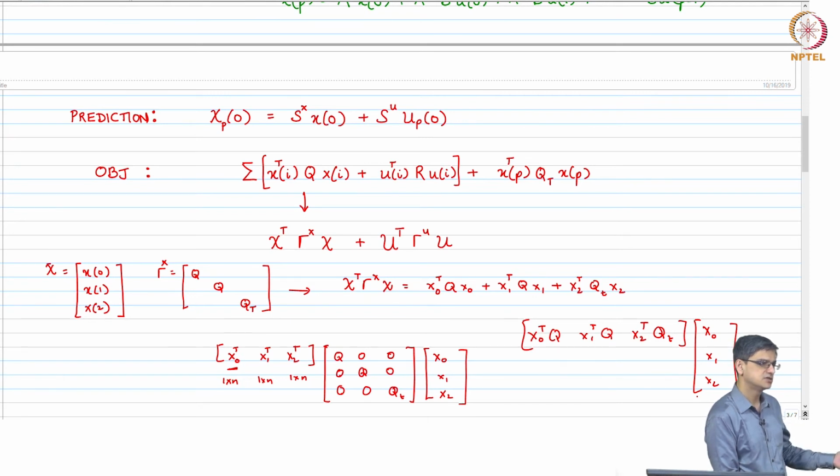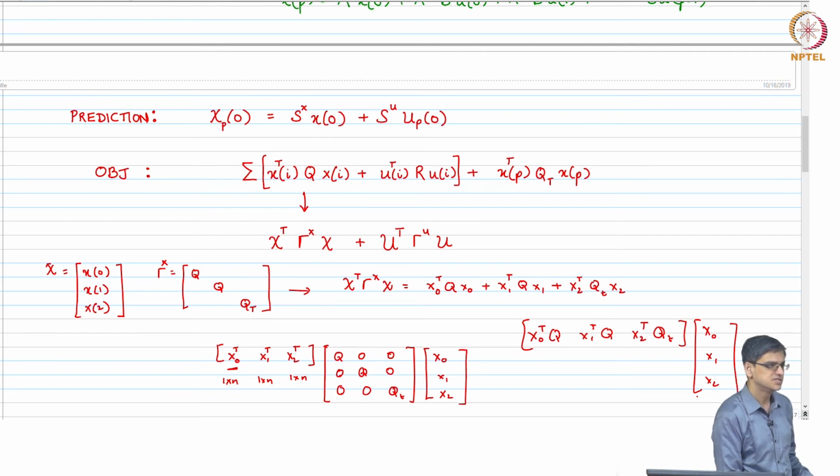In MPC, the objective was set point tracking, disturbance rejection or regulation, all 3 objective functions. In LQR, the objective is only regulation. Next module, we will talk about how to handle disturbance rejection and how to handle set point tracking.